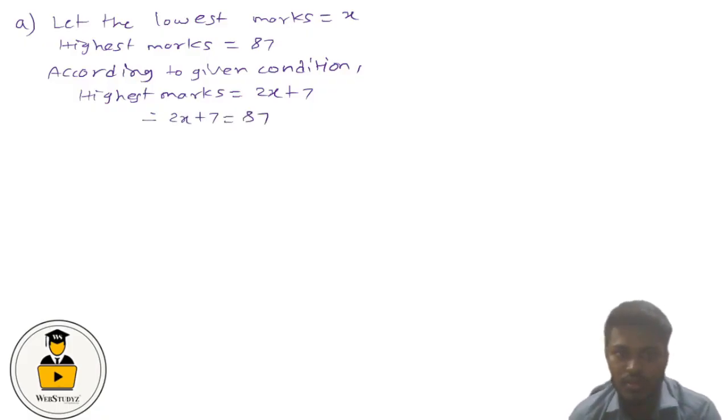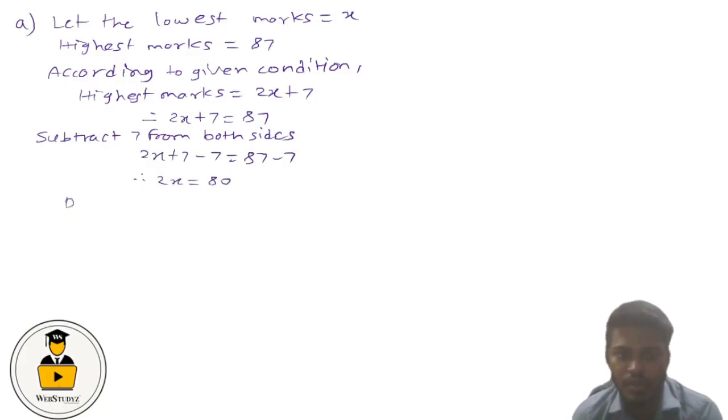Now let us solve this equation. For that we will subtract 7 from both sides. So this will be 2x plus 7 minus 7 equals 87 minus 7. Therefore we get 2x equals 80. Now we will divide by 2 on both sides.